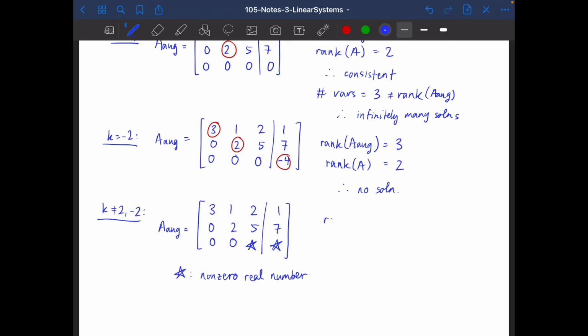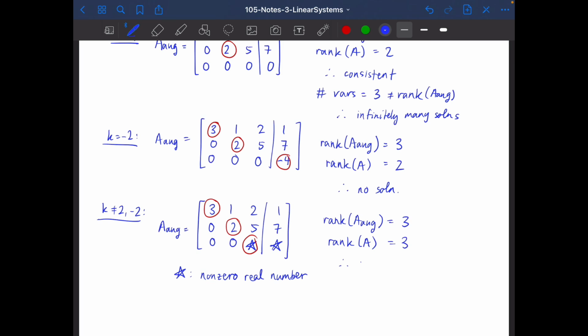And so what is the rank of this augmented matrix? Well, how many leading entries do we have? 1, 2, 3. We know the star is a non-zero real number, and so it's a leading entry. And so the rank of the augmented matrix is 3, and so is the rank of the coefficient matrix.